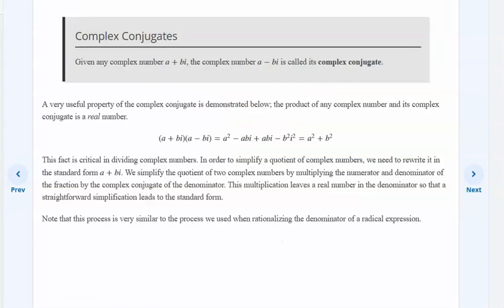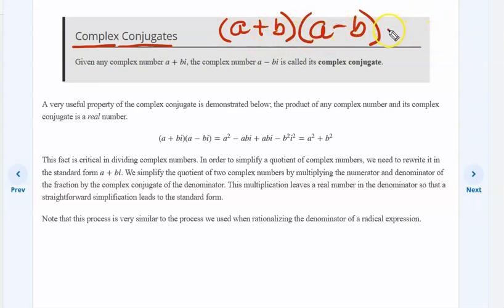Now for some background information, we're going to take a look at complex conjugates. You may recall when we have something a plus b and a minus b, this would be the product of the sum and difference of the same terms.